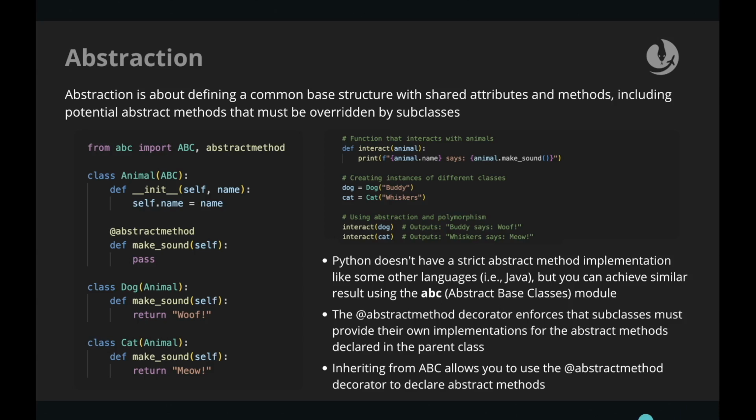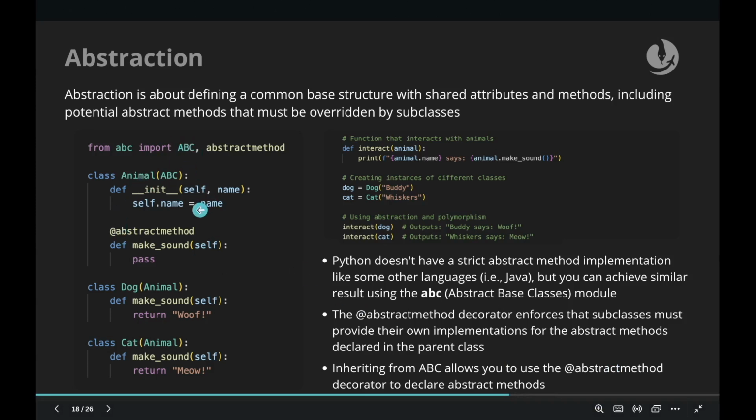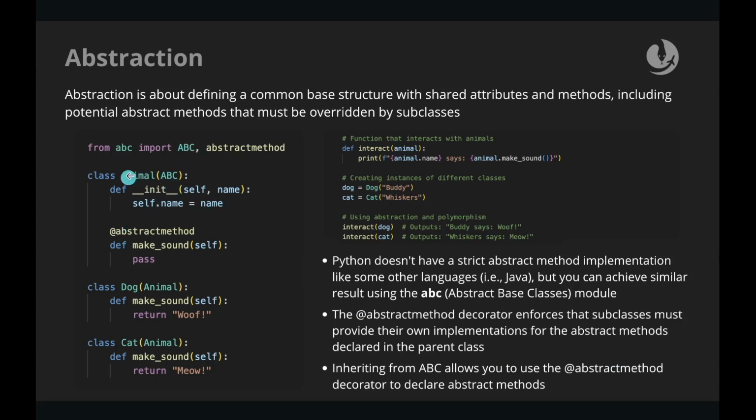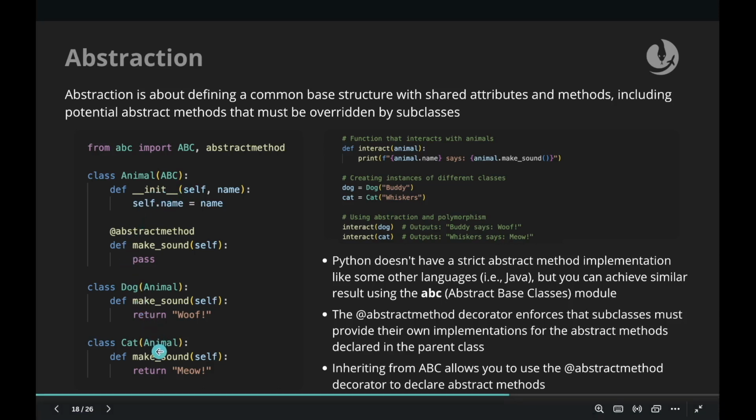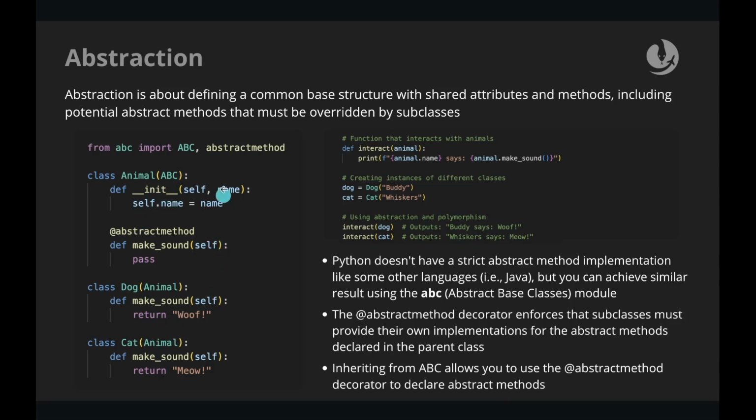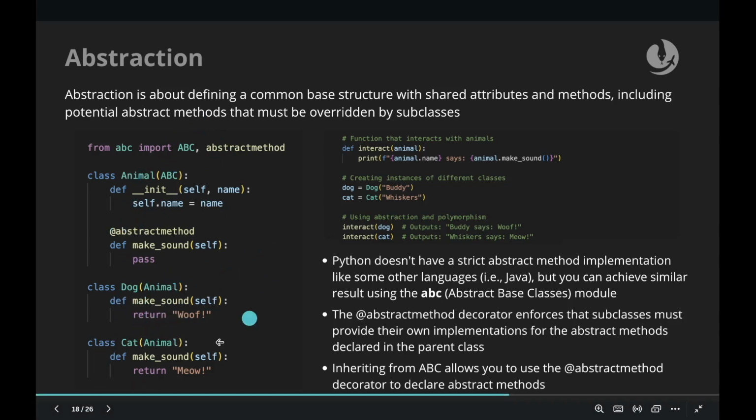So over here we have, again, our example. This time we have the animal class, and the dog and the cat inherit from the animal class. And this animal class inherits from ABC and has an abstract method over here. So this is a common interface, you can say, for the dog and for the cat to implement in its own way.